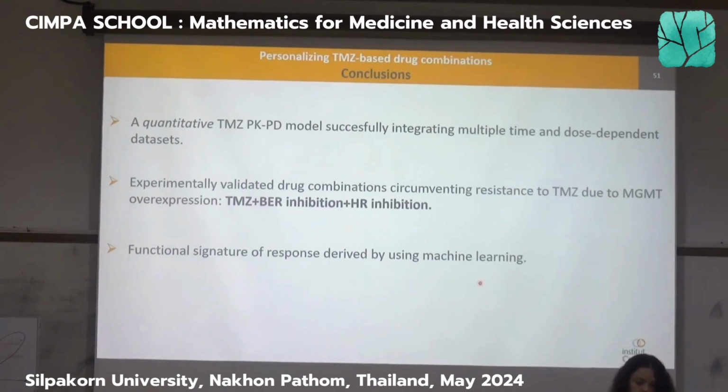Using this model with a typical QSP approach, we have designed a drug combination that is efficient and that was validated, which corresponds to temozolomide plus an inhibitor of ER plus an inhibitor of HR. And using machine learning, we have derived a functional signature for this optimal drug combination that further needs to be explored in different cell lines and different patients, to see whether we can derive a proper signature to predict the efficacy of this new drug combination before even administering it to the patient.